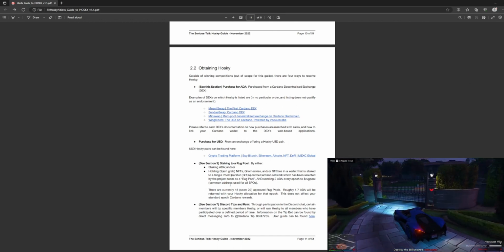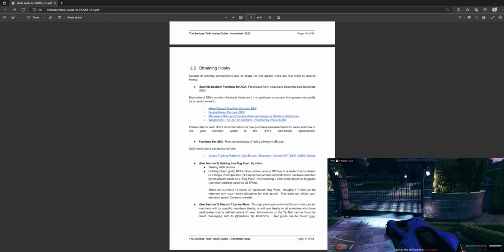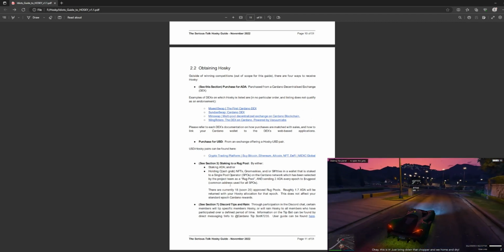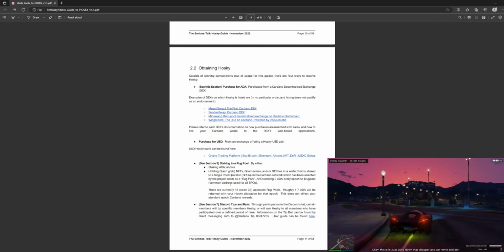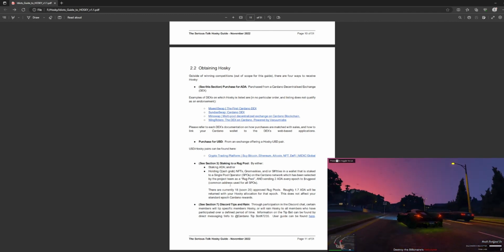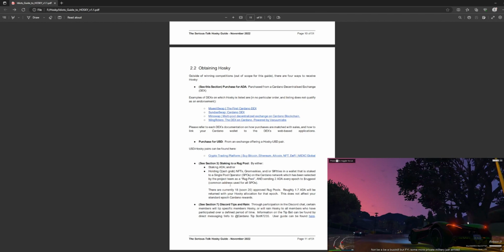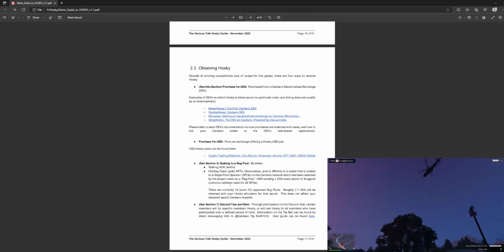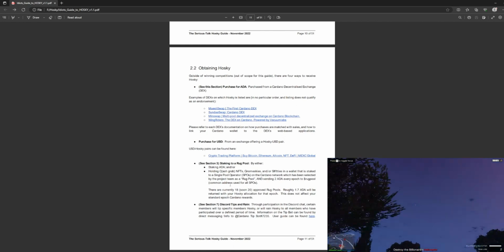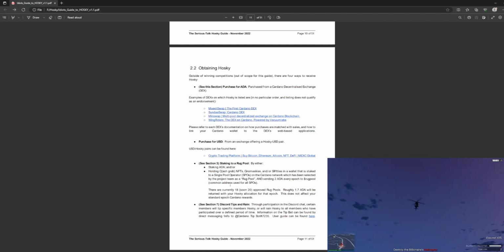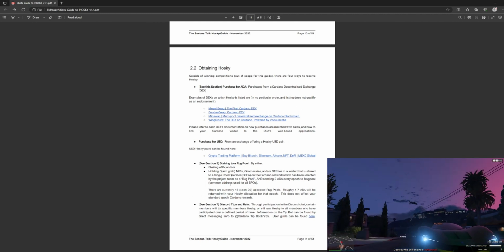See section 3, staking to a rug pool, by either staking ADA and or holding cash grab NFTs, Gnomeskis or Shitskis or Shitties in a wallet that is staked to a single pool operator, or SPO, on the Cardano network, which has been selected by the project team as a rug pool, and sending 2 ADA every epoch to the rug pool common address used for all single pool operators, SPOs.